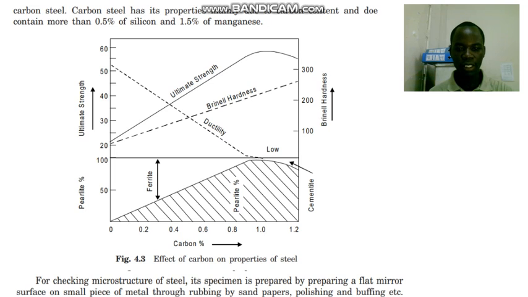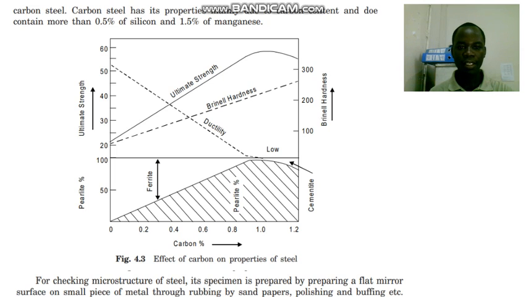If we have a low percentage of carbon, then that form of steel is called ferrite steel. Most of it is ferrite, and the smaller percentage is pearlite. So what is the effect of having low carbon content in the steel?